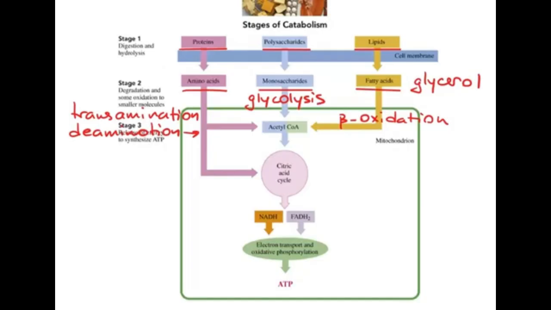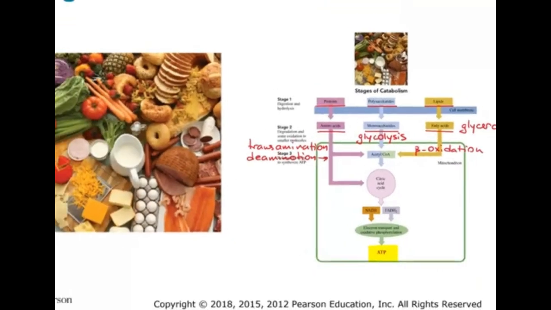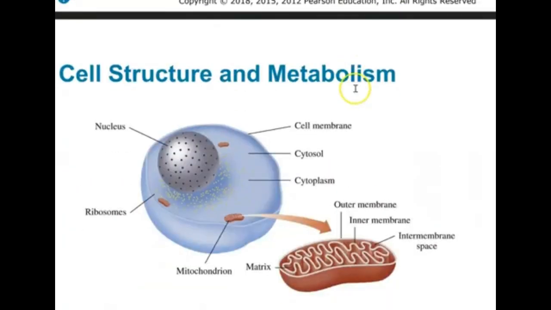And then finally the citric acid cycle generates intermediates, oxidizes those intermediates, and that oxidation provides energy for ATP synthesis in oxidative phosphorylation. So our goal is to discuss how each of these steps work.